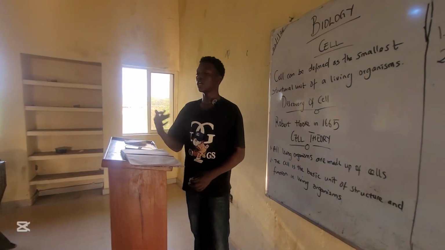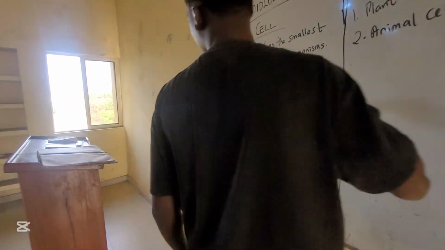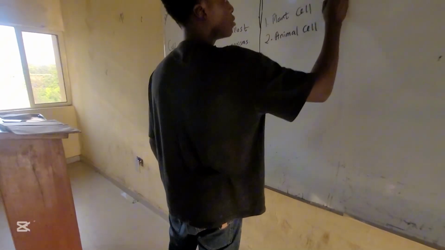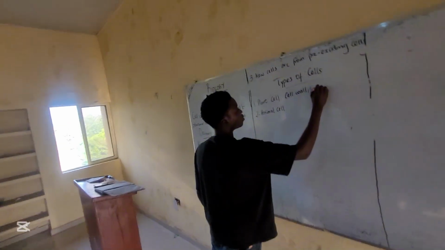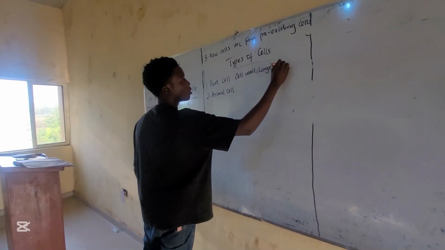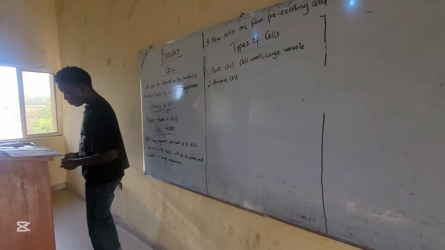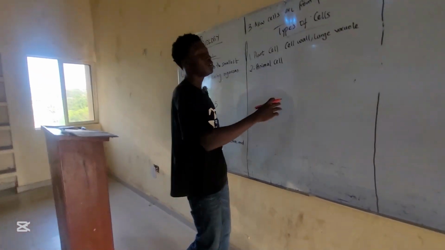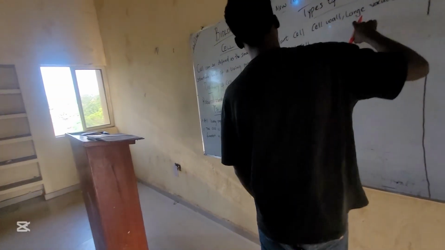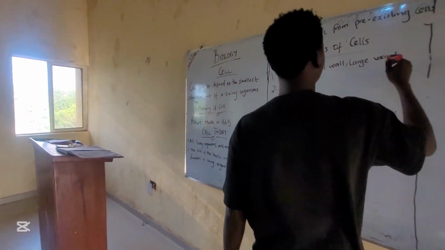The structures that help them carry out photosynthesis are the cell wall and the large vacuole. This large vacuole is used to store water and food in the plant cell, which is gained from photosynthesis.